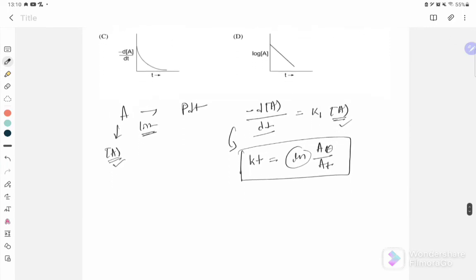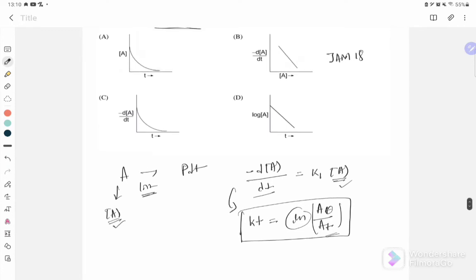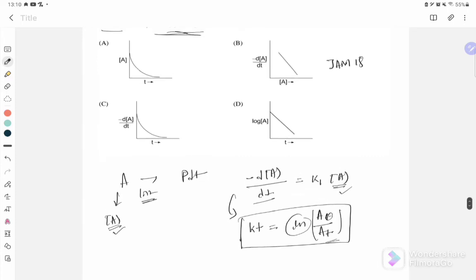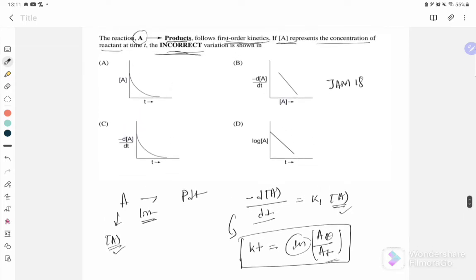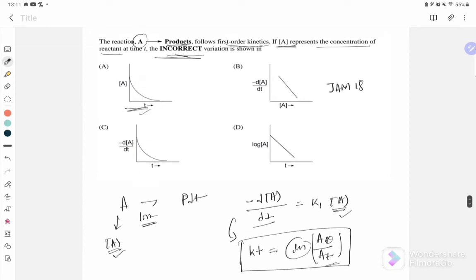So kt is ln A0 by At. Okay, so this is our first option, the variation of A depending on t at time t.